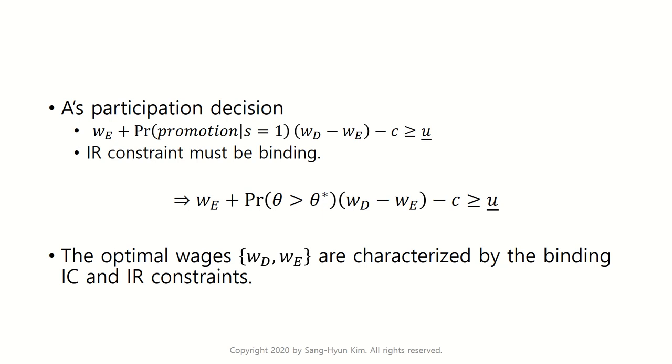I will claim that the optimal wages are characterized by the binding IC and IR constraints. So what does that mean? It means that we don't have to maximize anything further. The binding IC and IR constraints are two equations, and we have two unknowns, WD and WE, so we can just solve it, right?